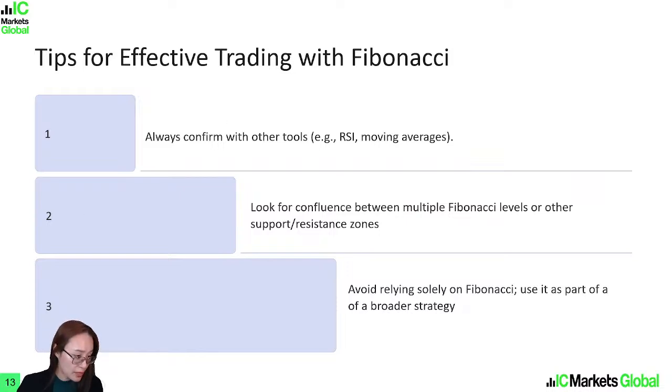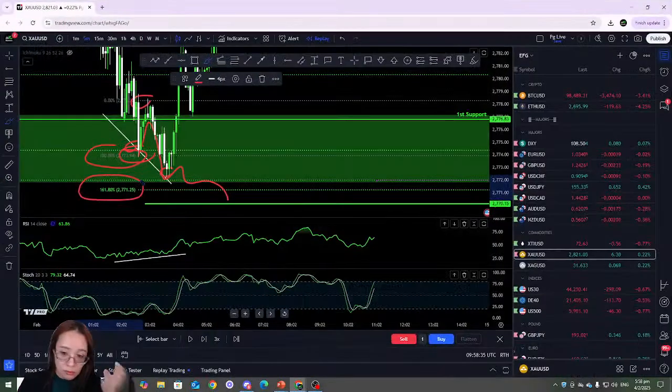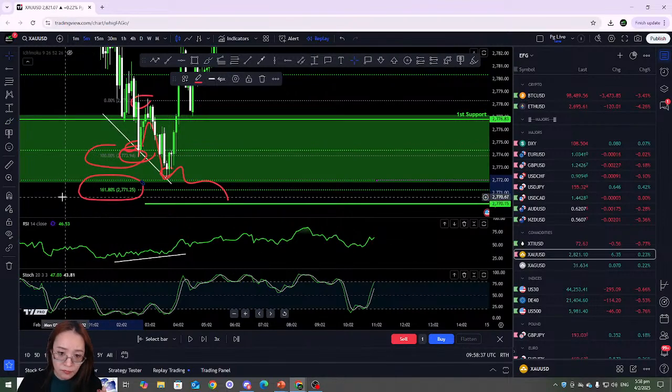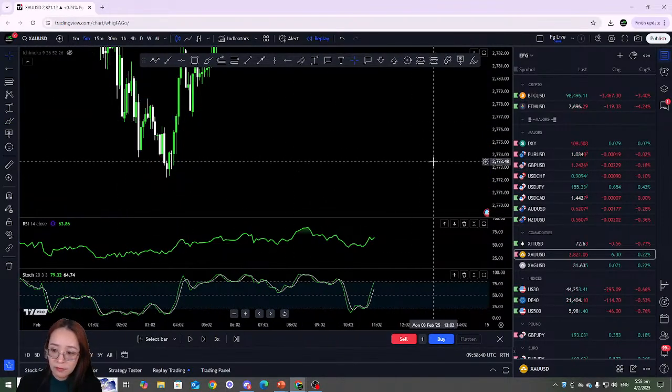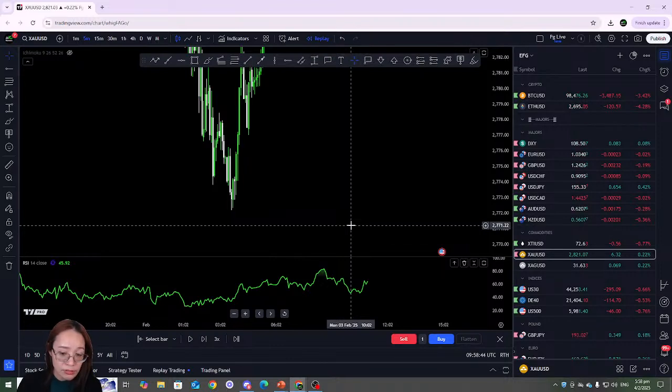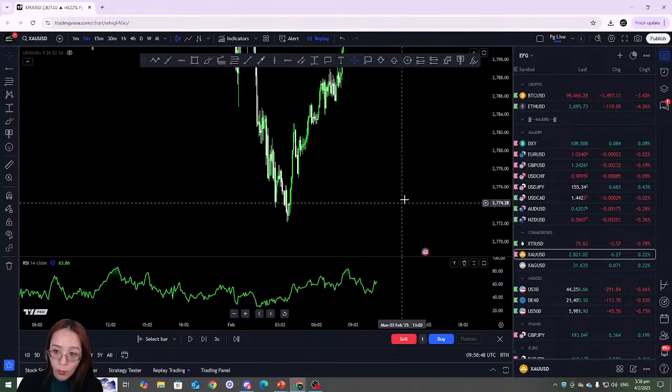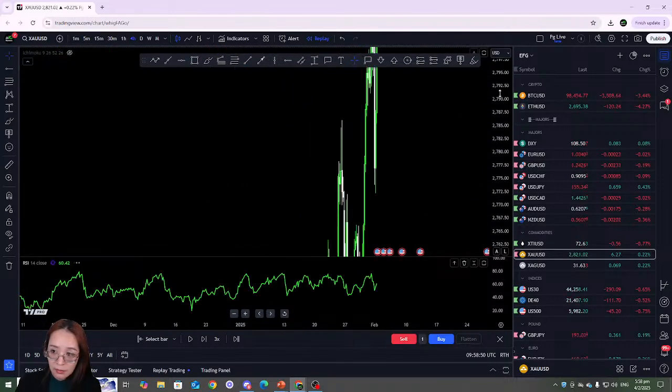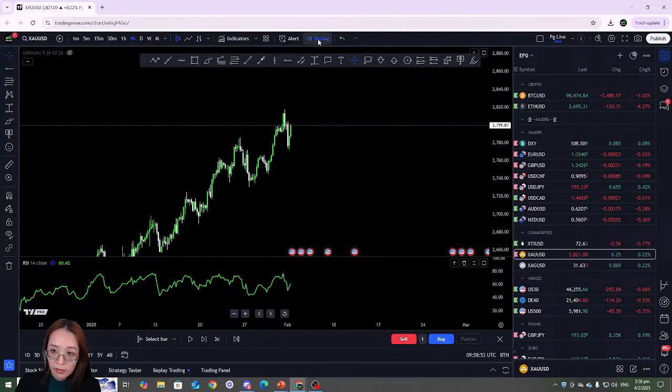I have two methods to use for RSI. One is to find the divergence. Second, I want to see where is overbought and oversold. You can use that as well when price is, for example, right here.